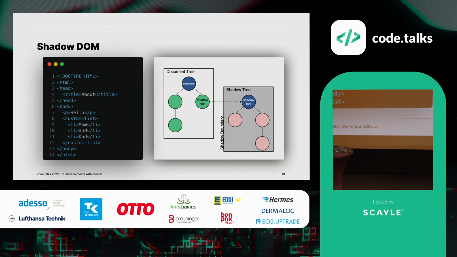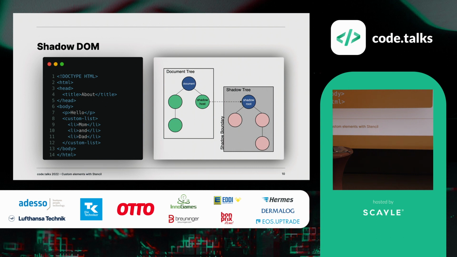This is very important because on this boundary between the two DOMs, there are some rules you need to know to be able to fully get the concept and also to make use of it. The shadow host in this example is directly the body, which is hosting our custom element. That's why it's called the shadow host.